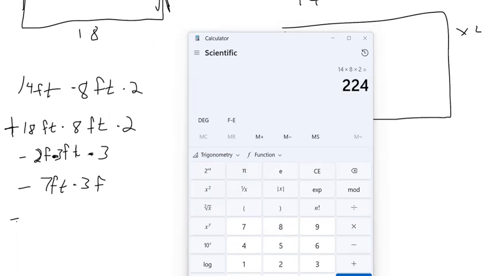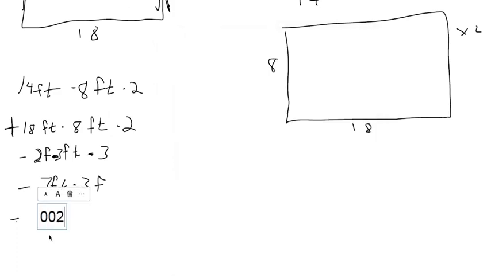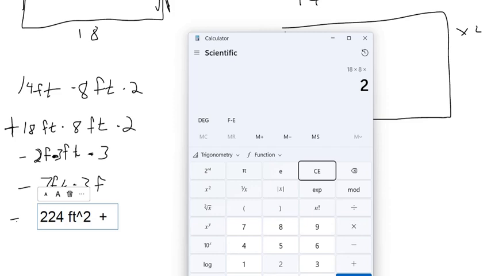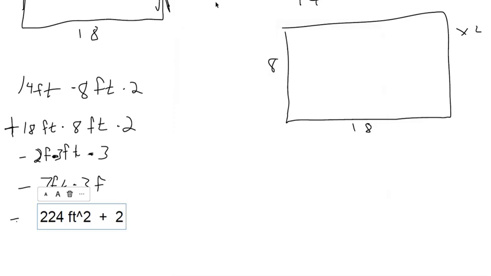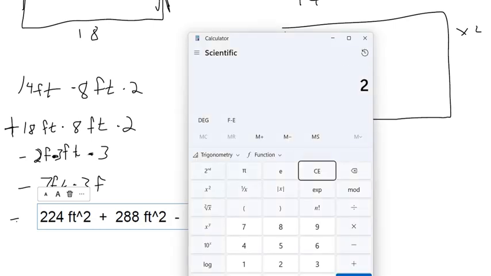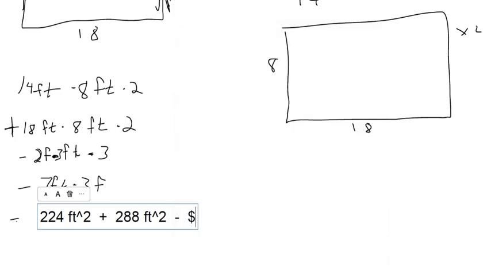So we got 224. The next one is 18 times 8 times 2, so that's 288. Then we're going to be subtracting the total square footage of the windows, because we're not going to paint the windows unless we're crazy. 18 square feet. Oops, not dollars. And then 7 feet by 3 feet, so that's 21 square feet.